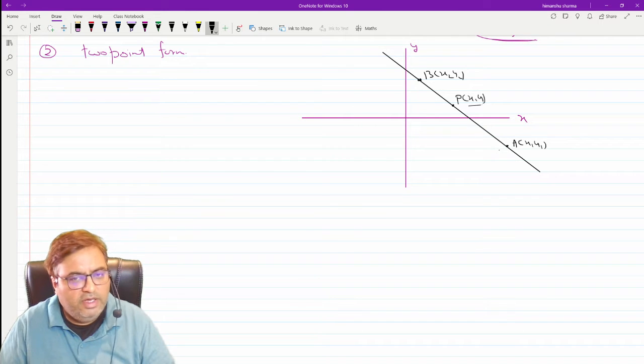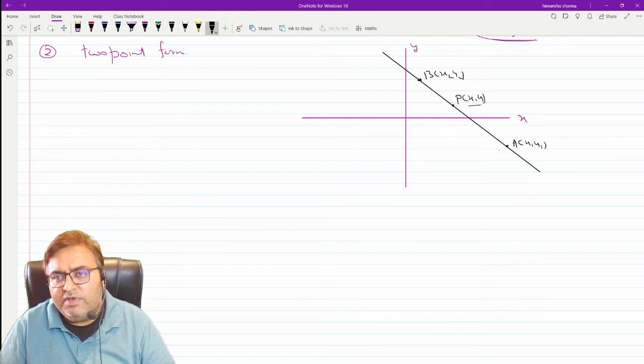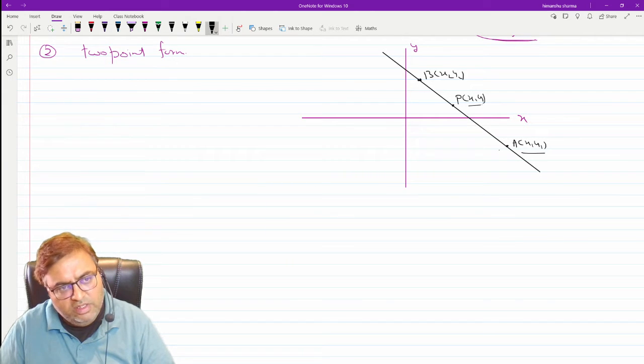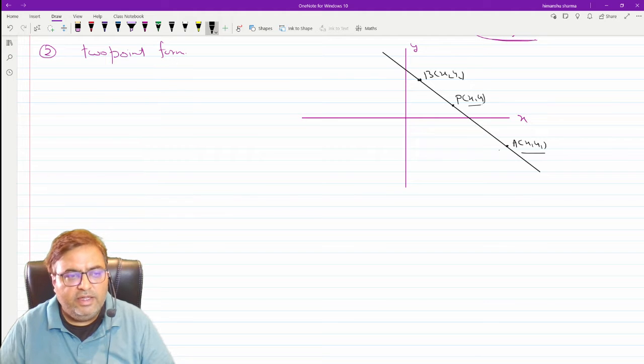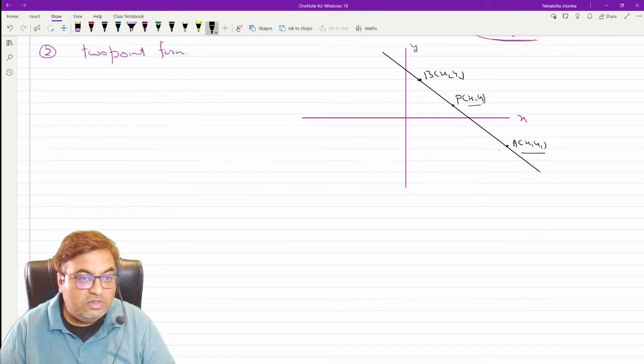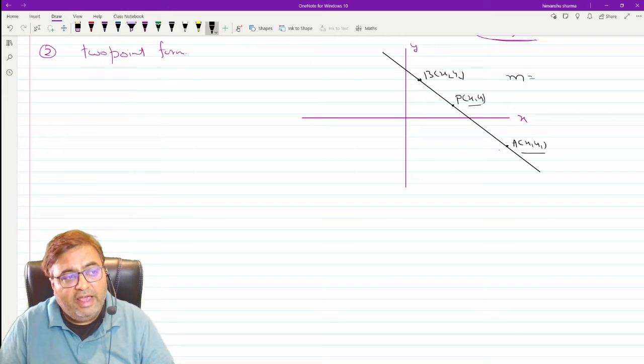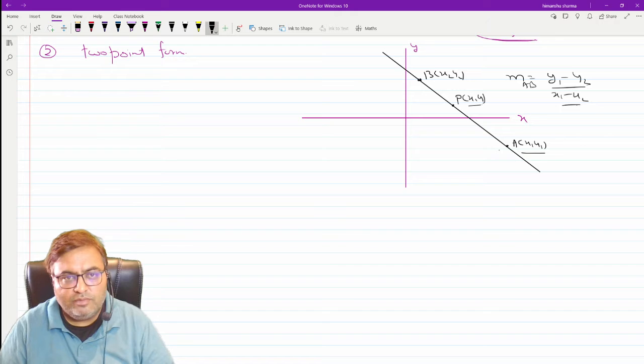Now this form is actually an extended version of the previous form. In that form, 1 point was given. The 1 point is given here as well. The second thing which was given was slope. But here slope is not given. But the slope is given in an indirect form. How? Now, the slope of the line joining AB can be found indirectly by y1 minus y2 upon x1 minus x2. This is the slope of the line.